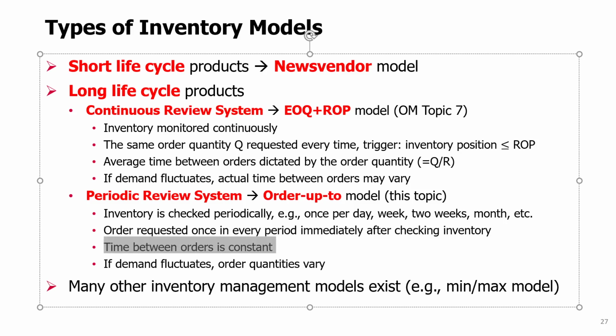So here, time between orders is fixed, 1 week or 1 day or some other time period. However, if demand fluctuates, the order quantities vary. There is an average order quantity, which is equal to average demand per period. But if demand fluctuates, the actual order quantities might be higher or lower than the expected demand per period.